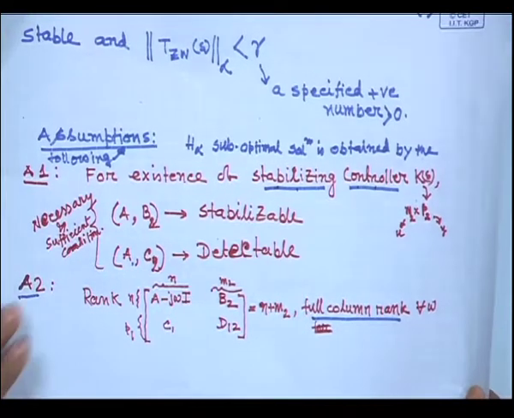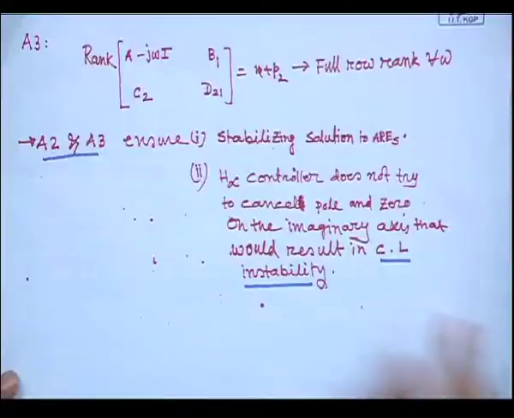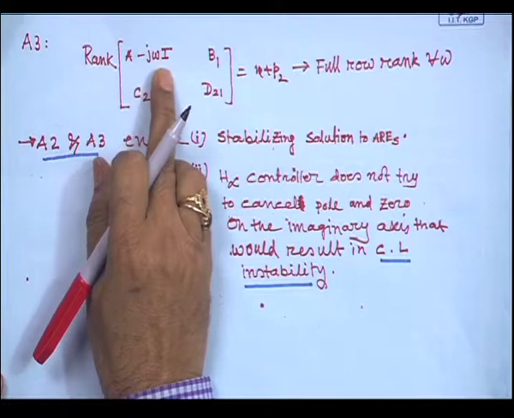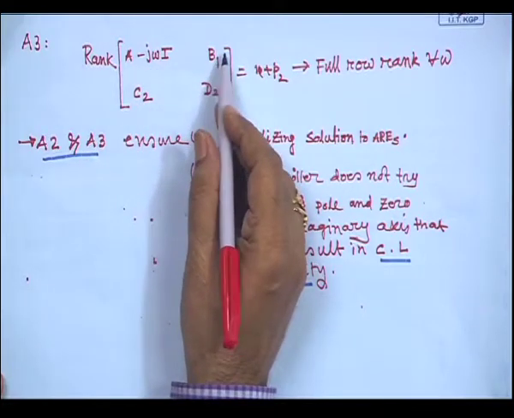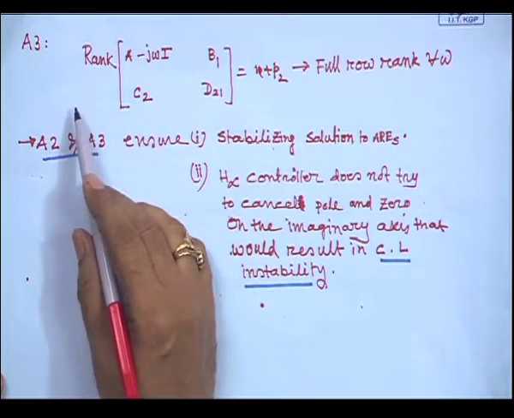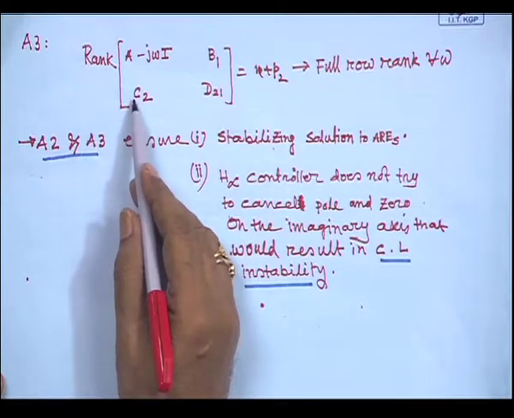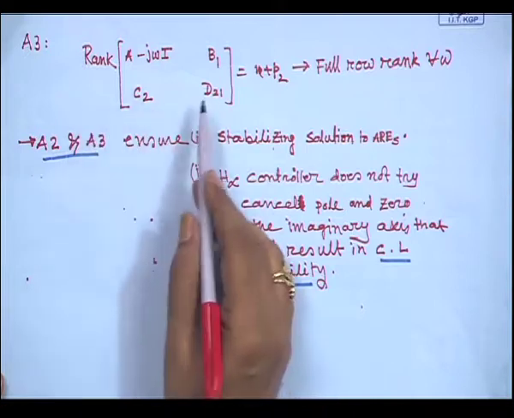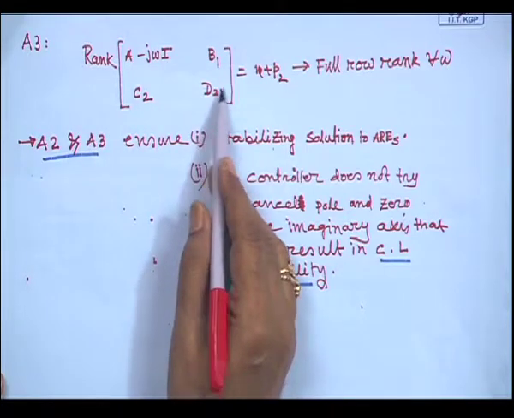This is the A2 condition, and the A3 condition is the rank of [A - jωI, B1; C2, D21], where B1 is associated with the exogenous input, C2 with the measured output, and D21 with the exogenous input.